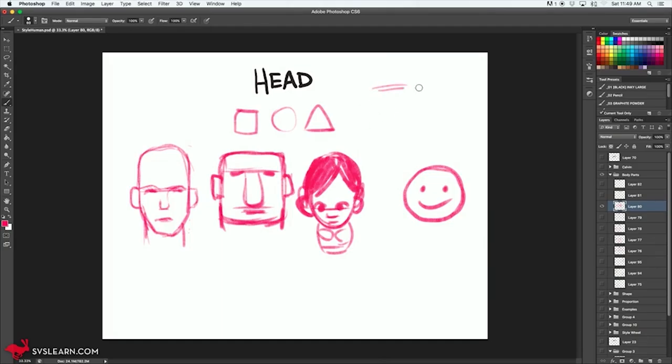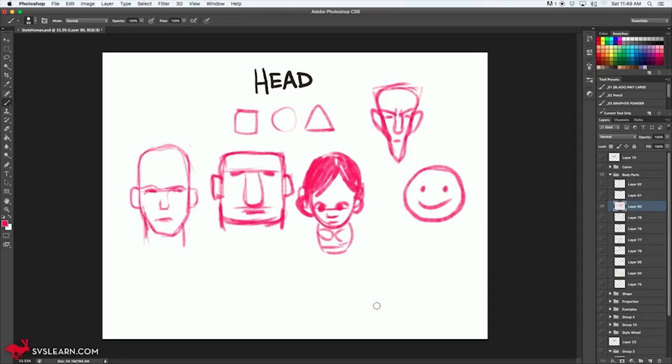What happens when we mix? Well, we'll just keep it simple for now. We make things a little more triangular shaped. What does that do to our character? Okay.